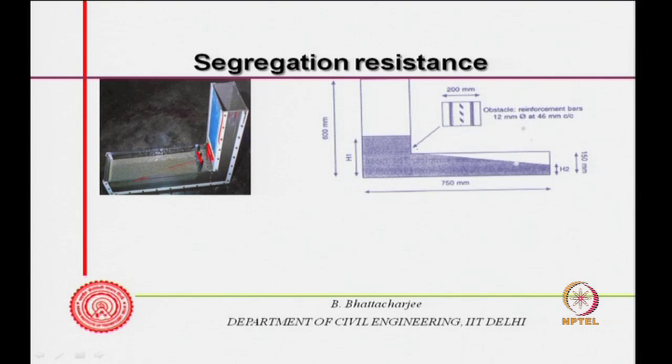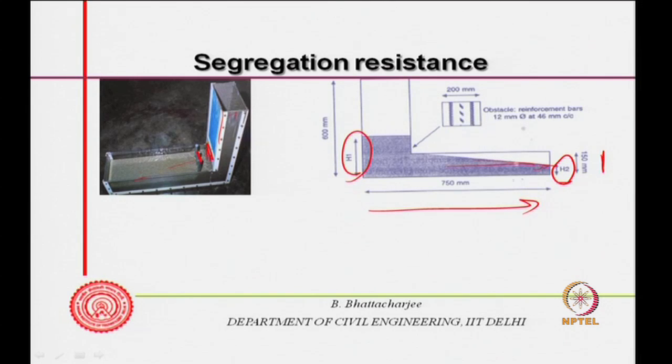200 mm is the width of this one, these obstacles are 12 mm bars at 46 mm center to center spacing, and as it passes, the concrete here would be like this, and this height we call h 2, this is h 1, this dimension is 760 mm, this is 600 mm, and this is 150 mm.